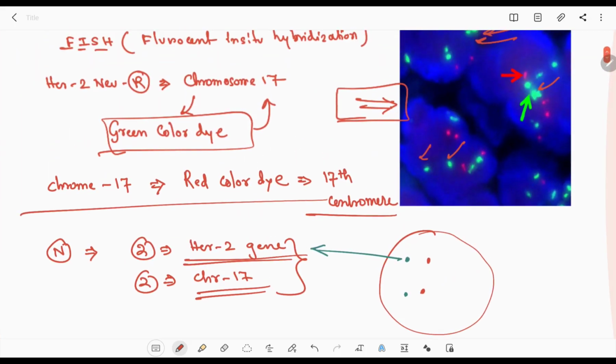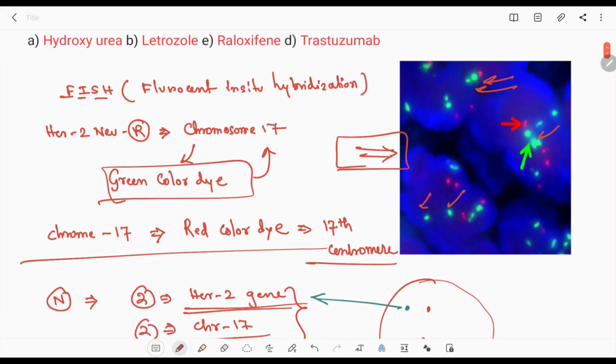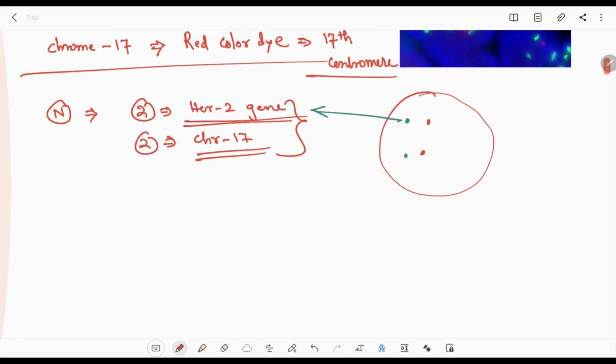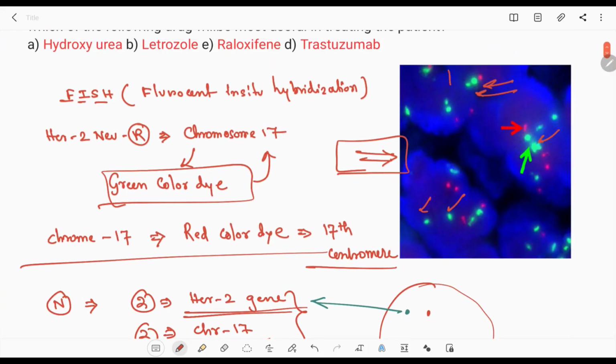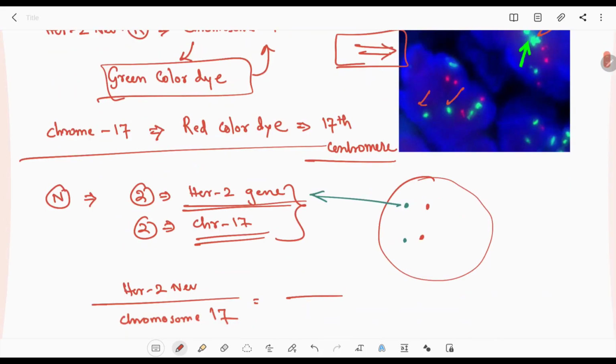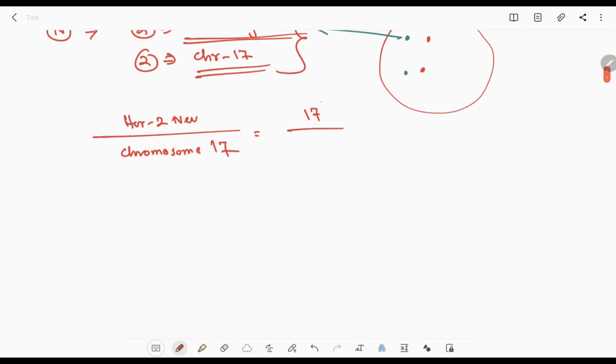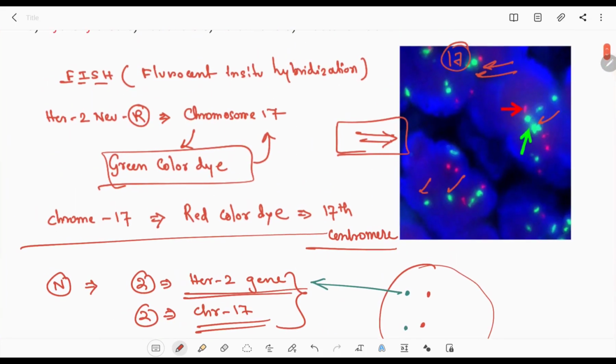I have already counted the green dots, and now let us determine the HER2 neu divided by chromosome 17 ratio. The HER2 neu number here is 17 green dots, and chromosome 17, the red color, is 11 here.